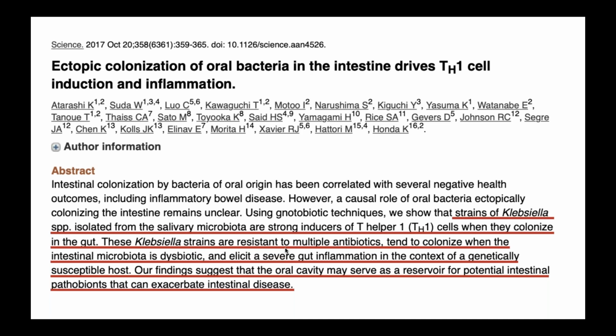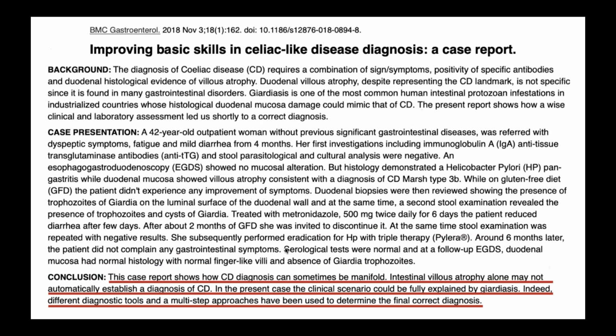But again, when you have this perfect storm of reduced digestion plus dysbiosis, you create a situation where not only do they survive, but they can colonize the gut and then produce inflammation. We did see in this particular example that calprotectin was elevated.